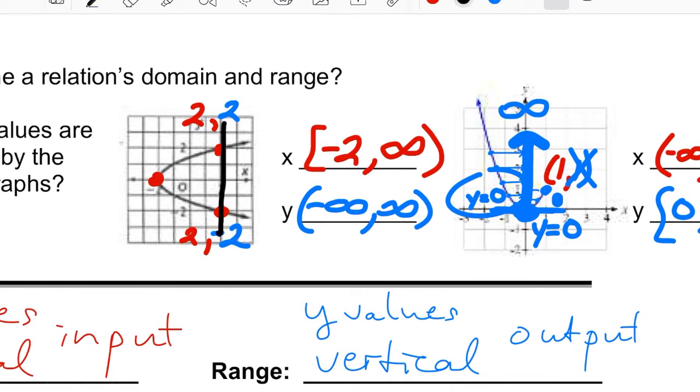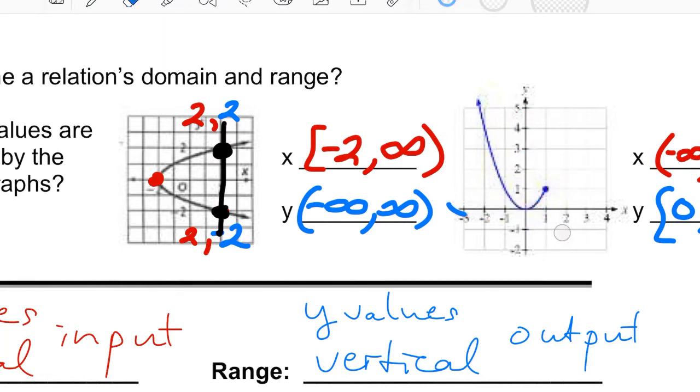Additionally, if you draw a vertical line, it's going to touch at 2 points, which means it doesn't satisfy the vertical line test. On the contrary, if you look at this second graph, even though it's kind of a special graph that has this endpoint, the truth is that every x value along here only connects to one y value. This x value of 1 only connects to a y value of 1.